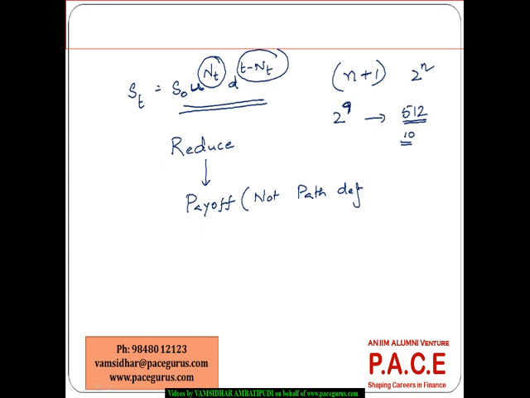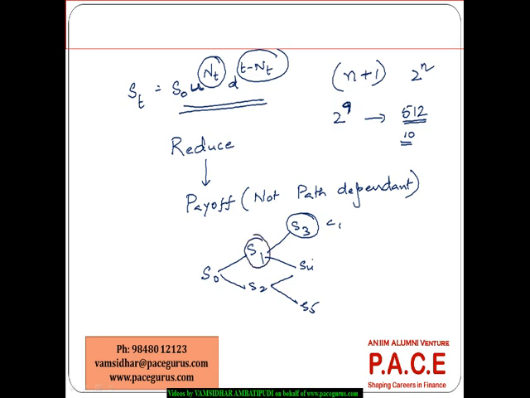If the derivative security's payoff is path dependent, what do I mean by path dependent? Here, if I say this payoff, or probably if you say S4, right?